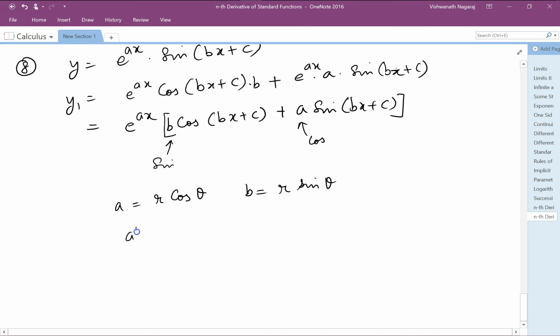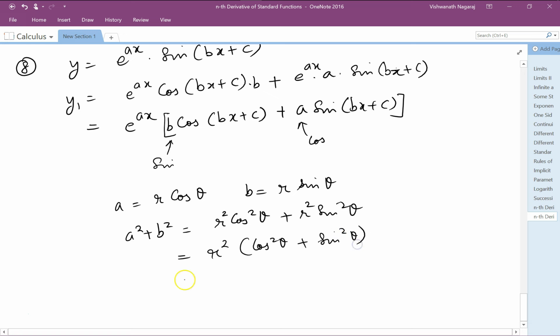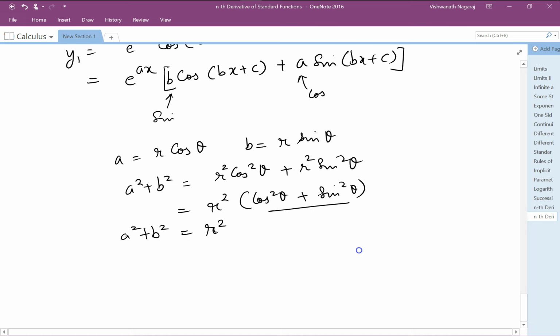If we do like that, a square plus b square would be what? a square plus b square would be r square cos square theta plus r square sin square theta, right? If we take r square common, cos square theta plus sin square theta, now this is 1. So we are left with r square. So a square plus b square equal to r square. That is one thing. Second thing is we have cos and sine.